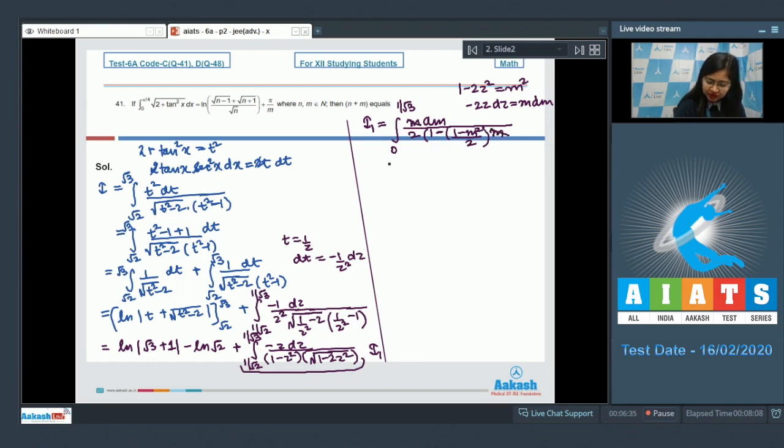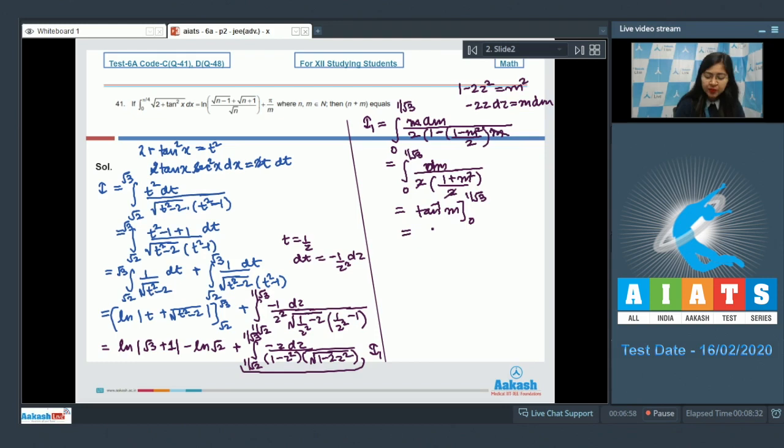So m is cancelled. This is equal to the integral from 0 to 1 by root 3 of dm divided by 2 into 2 minus 1, that is 1 plus m square. So this is also cancelled. Now its integral is quite simple, that is tan inverse m from 0 to 1 by root 3.